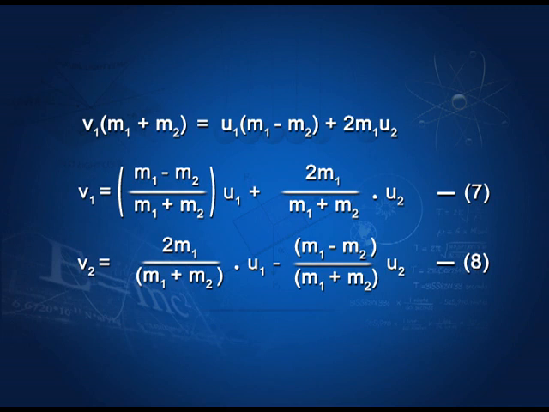Thus, knowing the values of initial velocities and mass of the particle, we can predict the value for v1 and v2. Isn't that very interesting? But remember, we have considered only elastic collision in its ideal form, just no change in kinetic energy and obviously no change in its momentum.